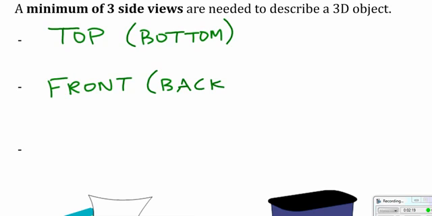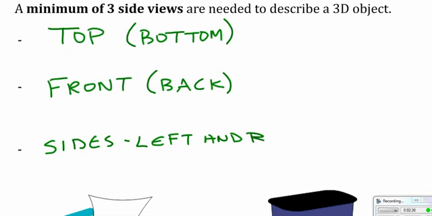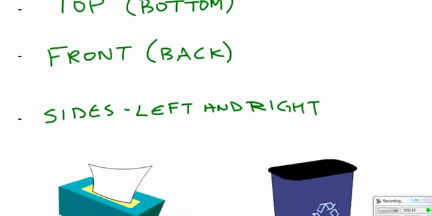Again, they are identical. And then lastly, we need the sides, the left and right sides. These will also be identical for the prisms that we're going to be dealing with. So you need a minimum of three views. As we get into more complex shapes, you will need more, but for now, we only need three.